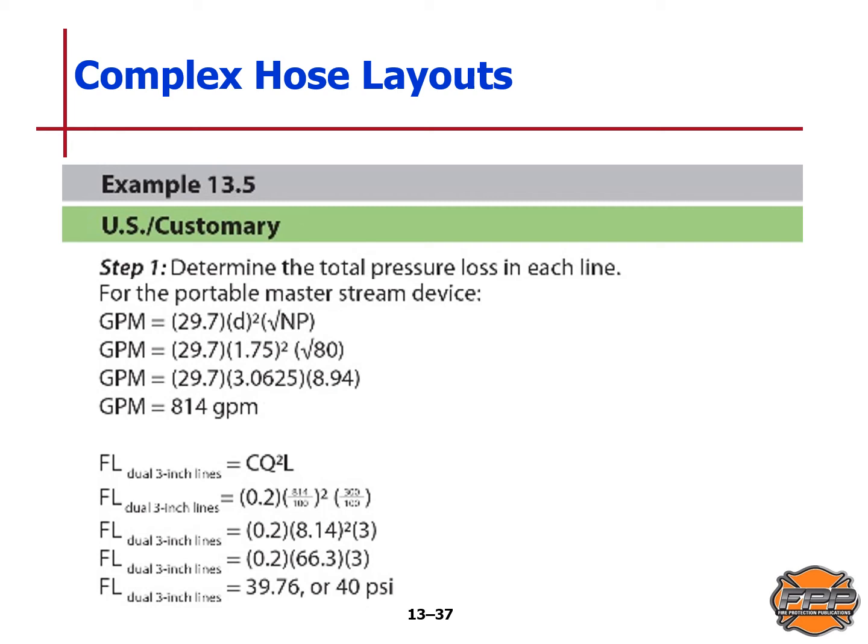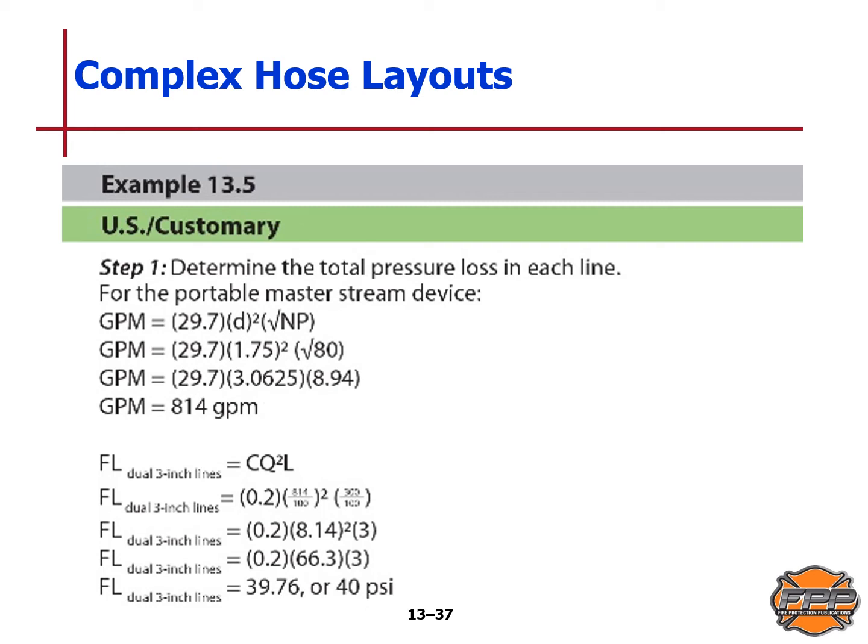Once we plug in the values, gallons per minute is 29.7 times 1.75 squared times the square root of 80. When you work out the math, you get 29.7 times 3.0625 times 8.94. So the gallons per minute is 814 gallons per minute.